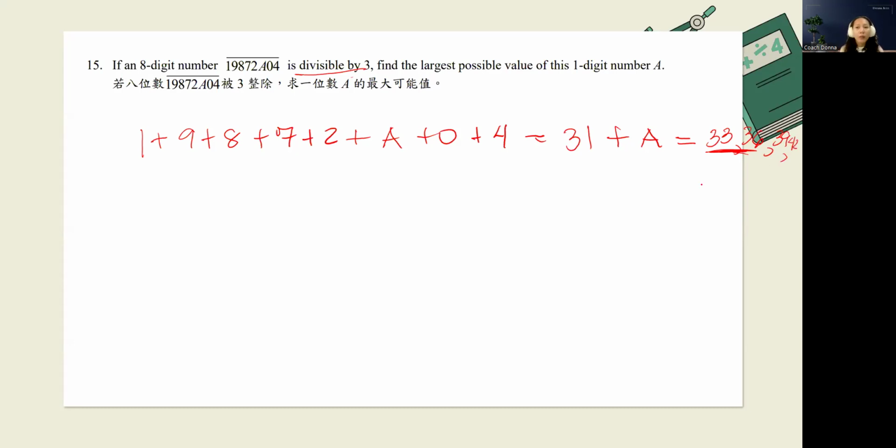Let's check which one works. 31 plus A to get 33, A would be 2.